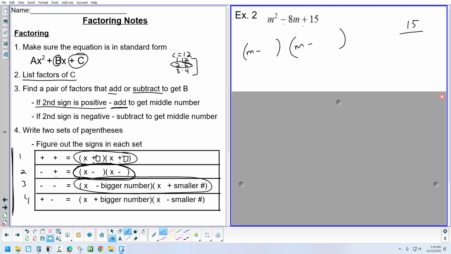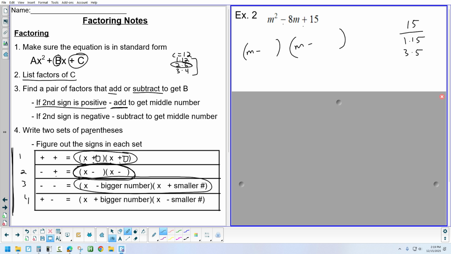Okay, 15. Give me 2 numbers that multiply to give you 15. Yep. 5 and 3. Okay, so we got 3 and 5. Good. 1 and 15. And I think that's it. 1 and 15, 3 and 5, 4 doesn't work. And we already got 5.